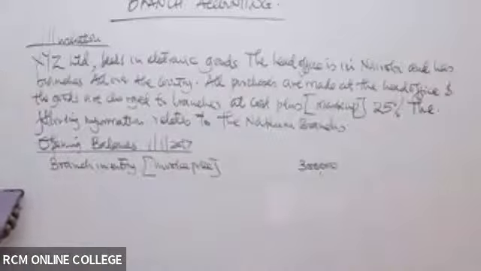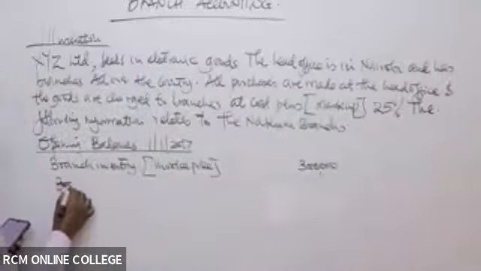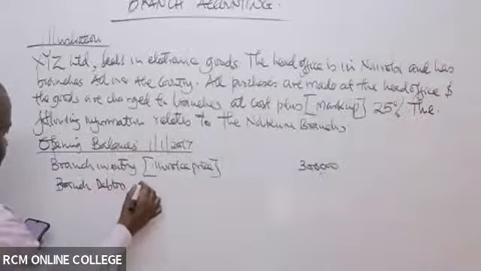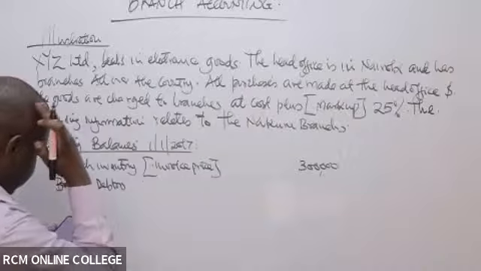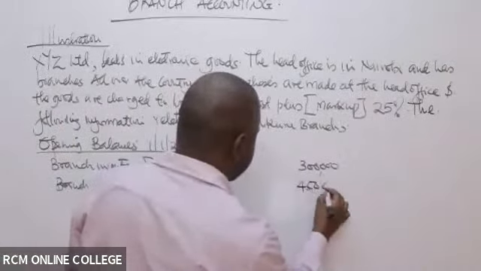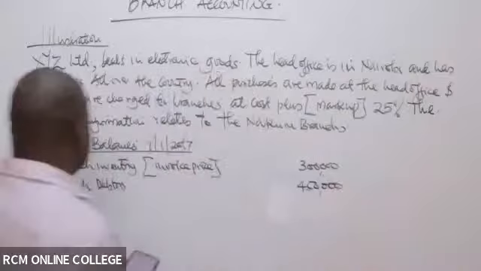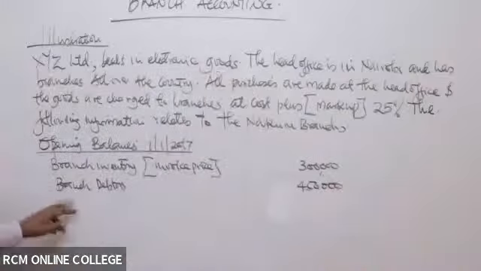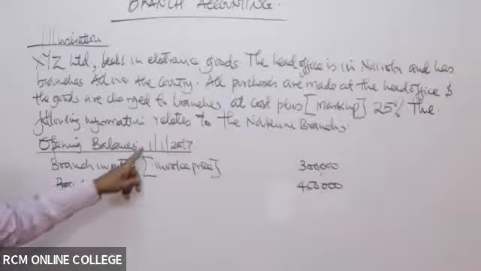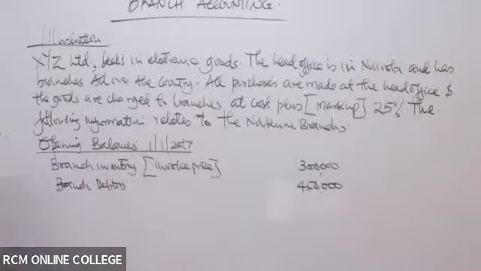Another opening balance is branch debtors. The opening balance at the start of the year for the branch debtors was 450,000.